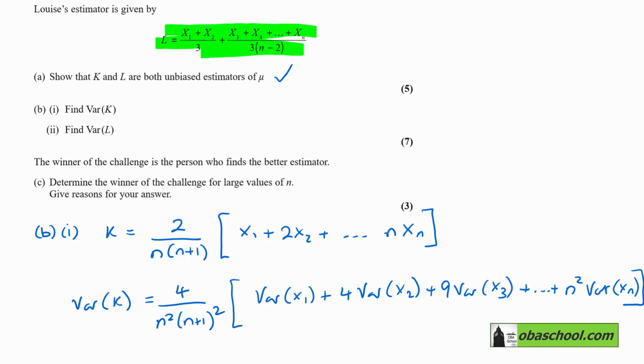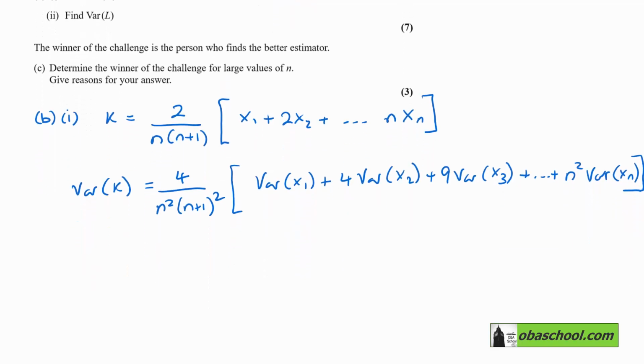Now, just as we did with the expectations, all these variances are going to be the same. So what we can do is take them out of there and we'll change it to sigma squared like so. And in here we're going to have 1 plus 4 plus 9 plus and so on up to n squared.